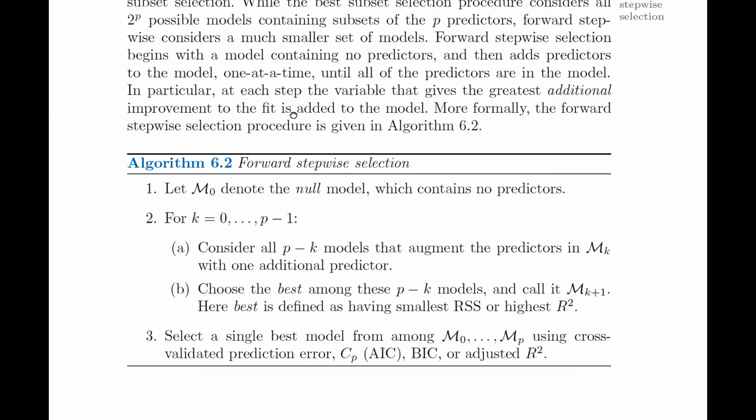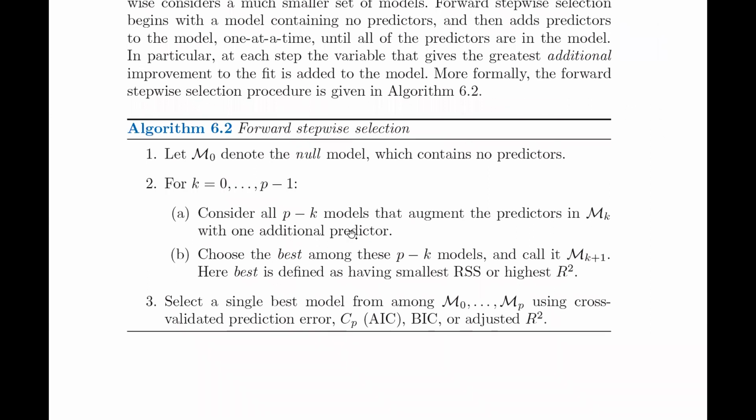And here we have maybe a more formal explanation. Let's have a look. So we start in the same way as best subset selection. You start off with a model that allows for none of the characteristics within our observations in the sample data.